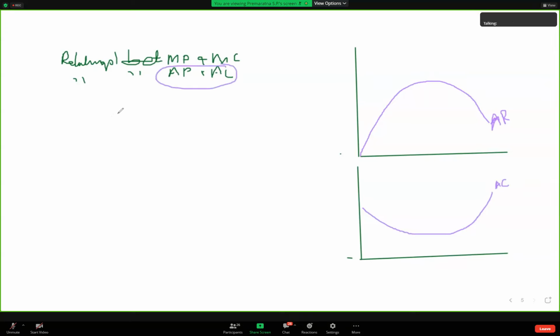Now how to find the average cost if you're given the total cost, let's say the total variable cost, with the fixed cost. To find the average cost, what you have to do is divide by Q, which means this side also you have to divide by Q.